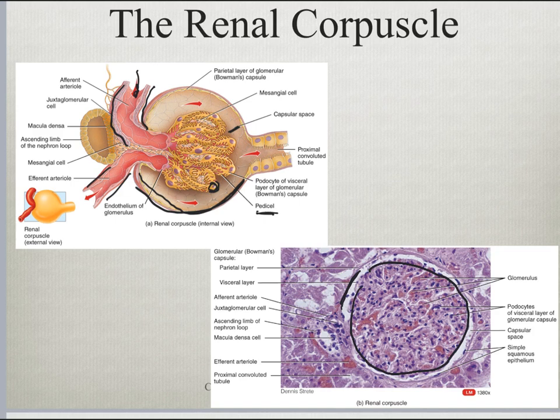Now, one more thing I want to point out in this picture is this tube-like structure right here. This is going to be the ascending limb of the nephron loop, could also be the distal convoluted tubule, okay? And notice that it comes back around and moves between that V-like structure of the afferent and efferent arteriole. Now, this is important. We already alluded to this. We said that we're putting the end back at the beginning, okay?